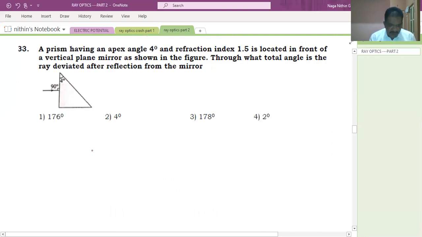So what is the deviation by the prism? You calculate. D is equal to mu minus 1 into A. 1.5 minus 1 into 4. This is 2 degrees. This is deviation by prism.